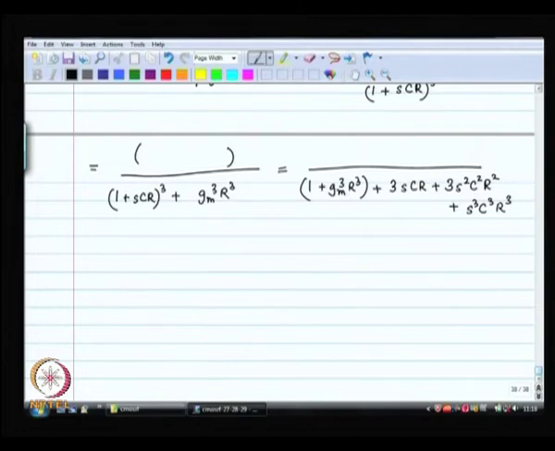All right. So, this is basically the analysis of the small signal model of a ring oscillator.